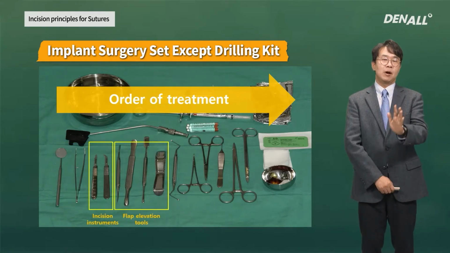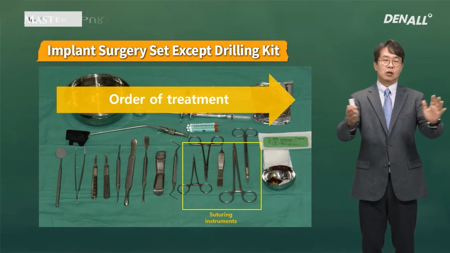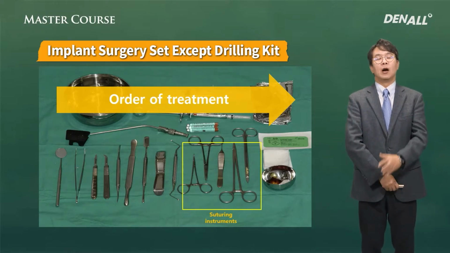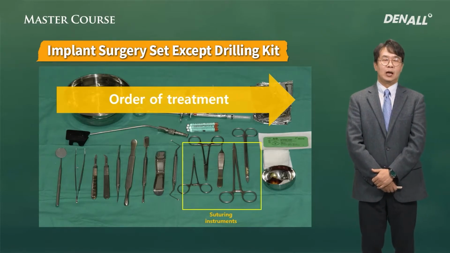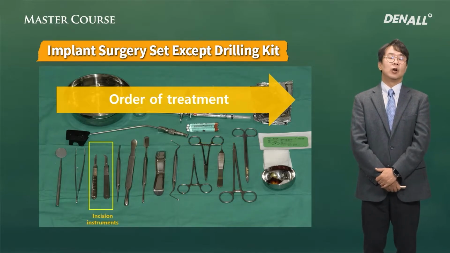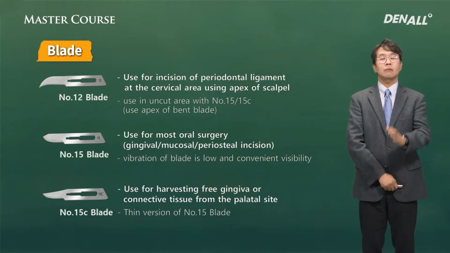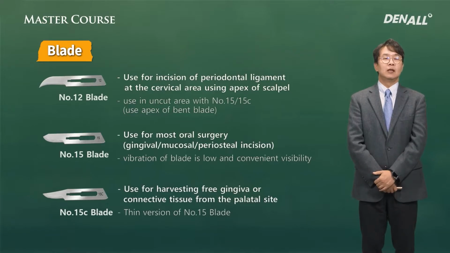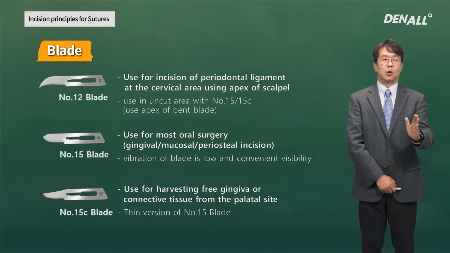They are lined up in the sequence of the steps of surgery, and you will have less difficulty if those are aligned like that. Let's look at incision instruments. The blades most commonly used are number 12, 15, and 15C.